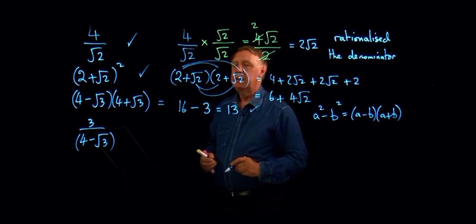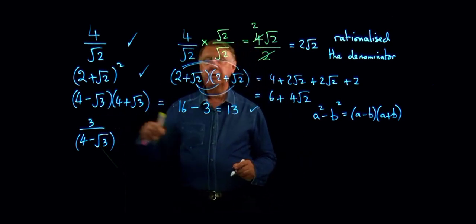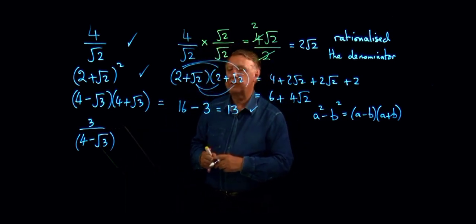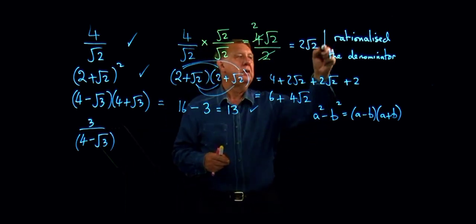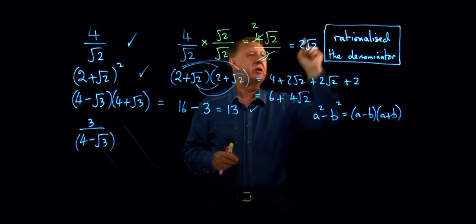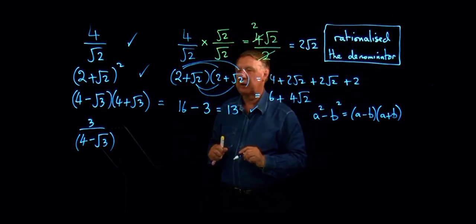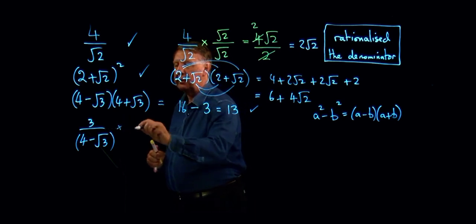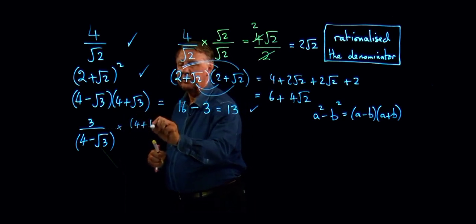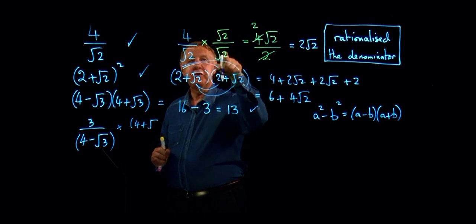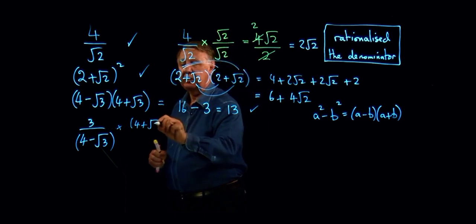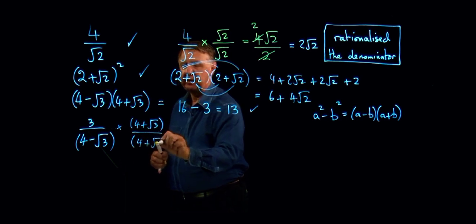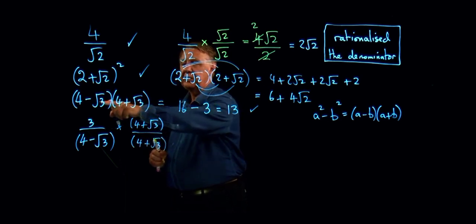And then finally, another fraction, a horrible surd on the bottom line, an irrational number, and I want to rationalise the denominator. Don't forget that phrase, it crops up over and over again. So this time, I'll multiply top and bottom lines, not by the same thing, which is what we did here, but I'm going to be a bit clever and use what I've just done in the previous example, because this was good, wasn't it?